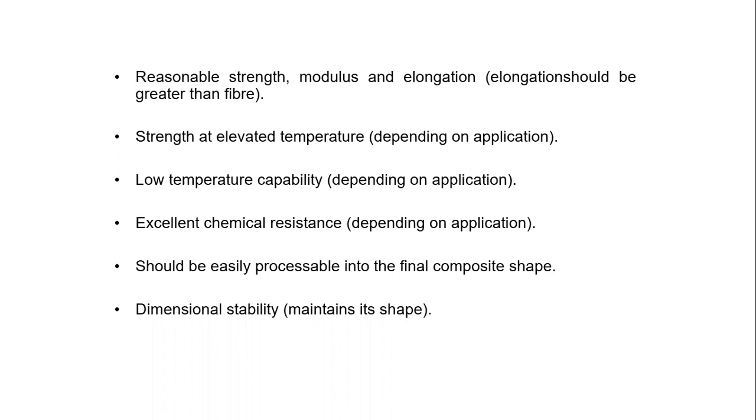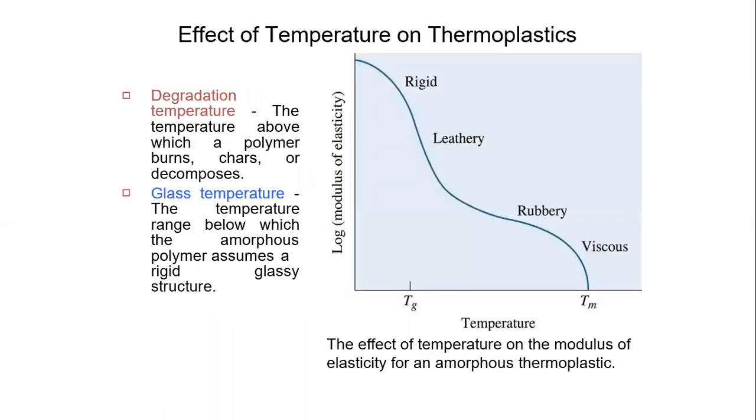And last one, it has good dimensional stability. So it can maintain its shape. So those are the different desired properties of a matrix.